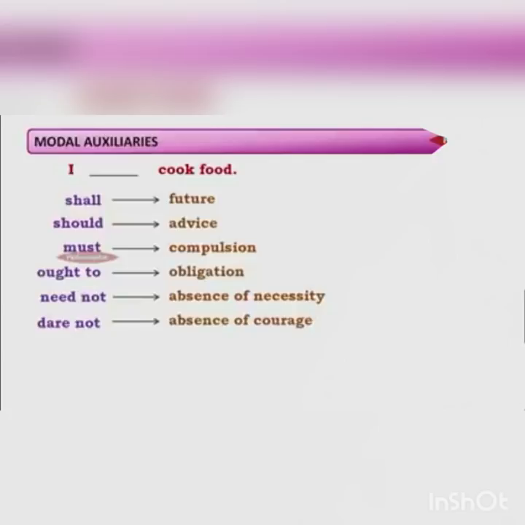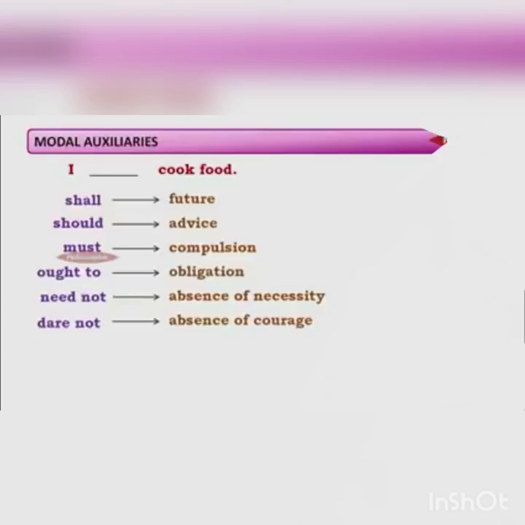Okay? Next, if I say I must cook food, then it shows compulsion. Compulsory, you have to do that. And if I say I ought to cook food, here ought to is an obligation. Something I need to do, I have some responsibility, I have to cook the food.